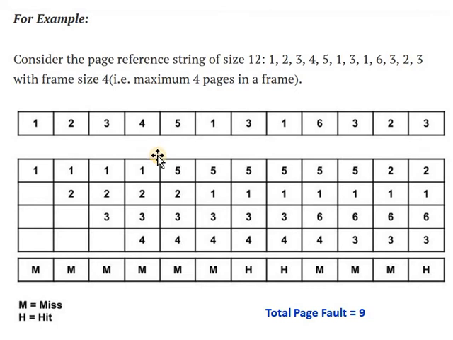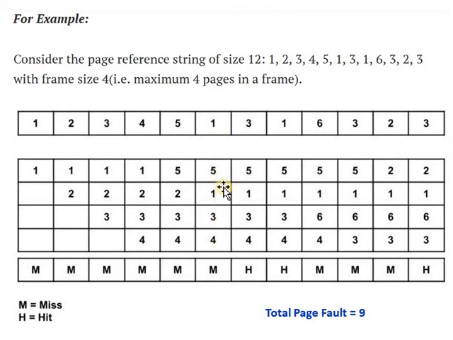In this condition 1 is the oldest page, so the new page replaces the oldest page. Again when 1 comes, it is not available in the memory. So a page fault occurs and it replaces the oldest page in the memory.